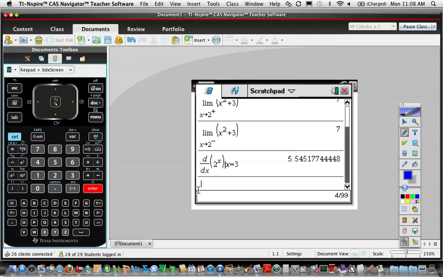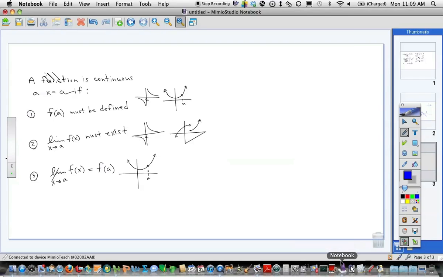All right. So, for tomorrow, do both sides of this worksheet. And on 2.3, now these don't take very long.